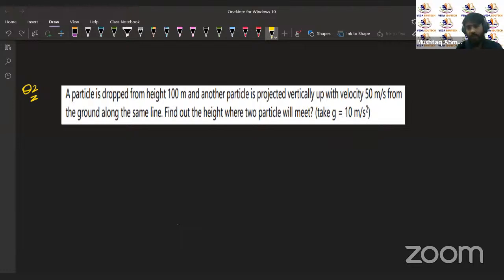So the situation is like this. Let's suppose this is our ground, and this is the height h, that's equal to 100 meters.